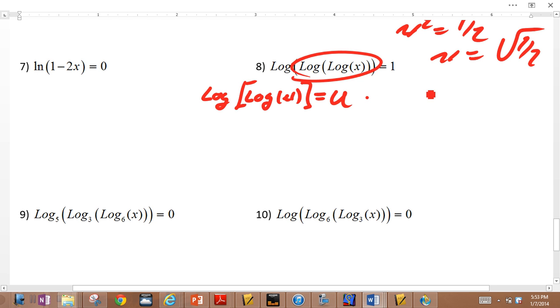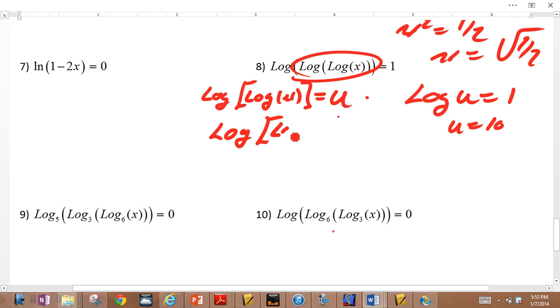So that my expression up here becomes the log of u equals 1. Well, you should easily see that's 10 to the 1 equals u. So u equals 10. Now I come back here. U equals 10. So now this is the log of x is equal to 10.